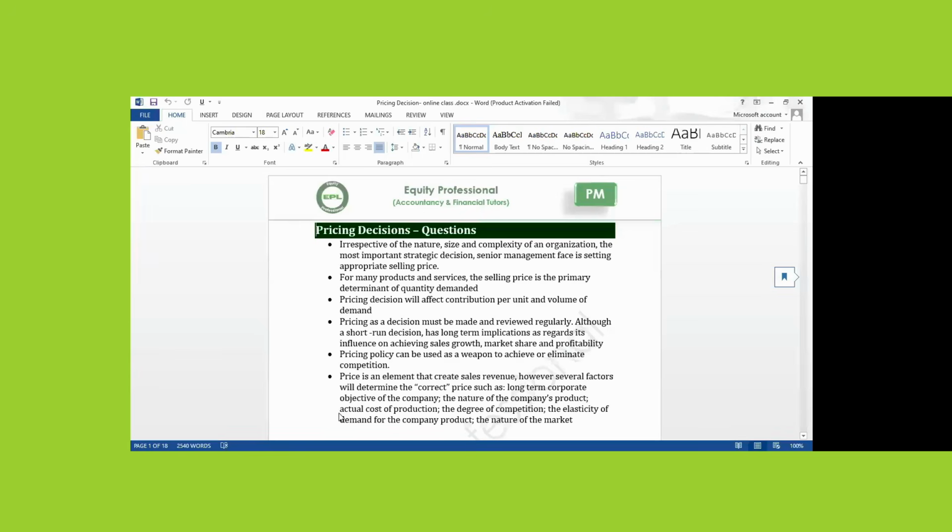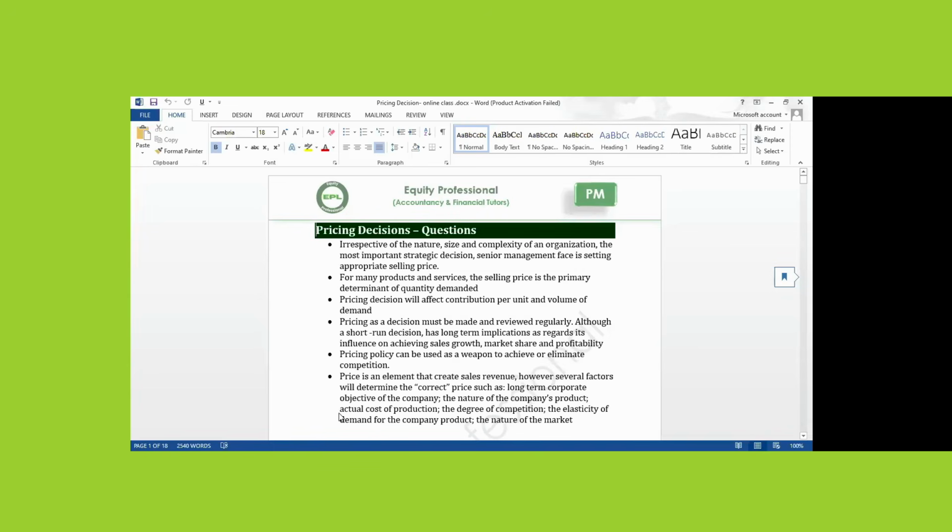Number 4, the degree of competition. If the market is competitive with similar products, number 6, the elasticity of demand.